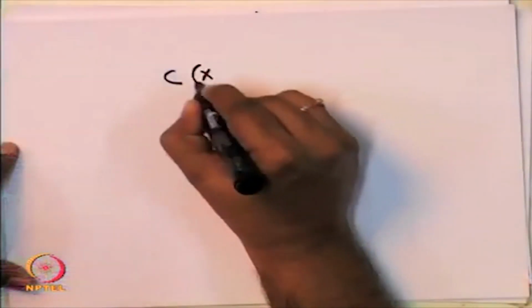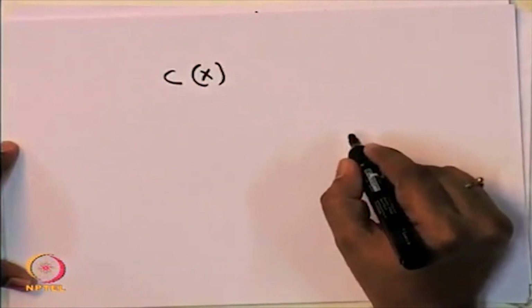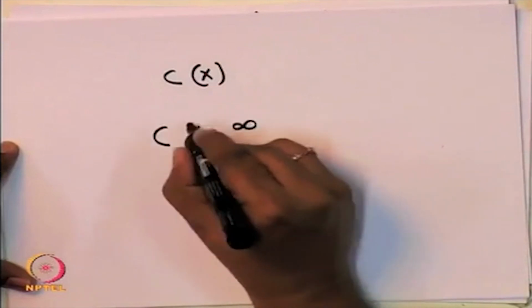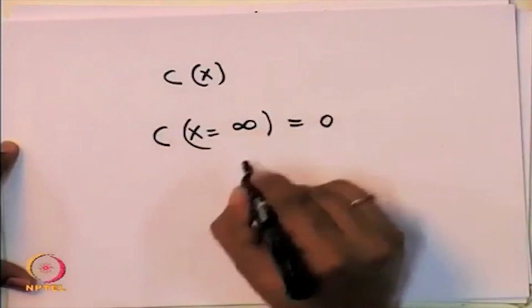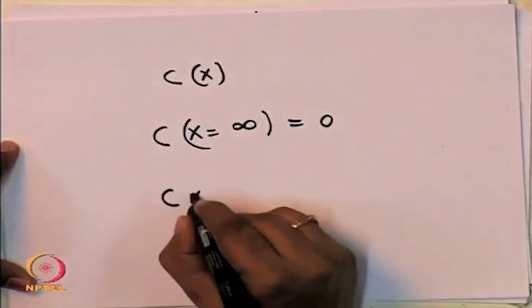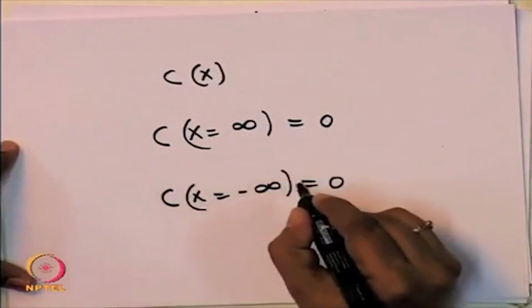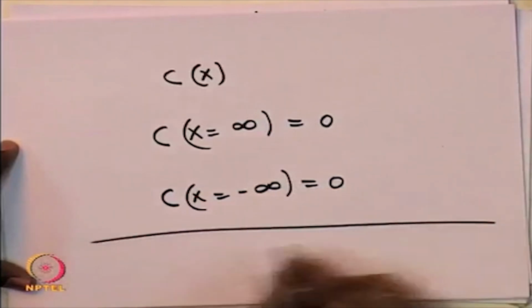If you know this much, we can derive some interesting stuff. So, what did we say? We have some concentration, and C at x equal to infinity is 0, C at x equal to minus infinity is 0. What does this mean?